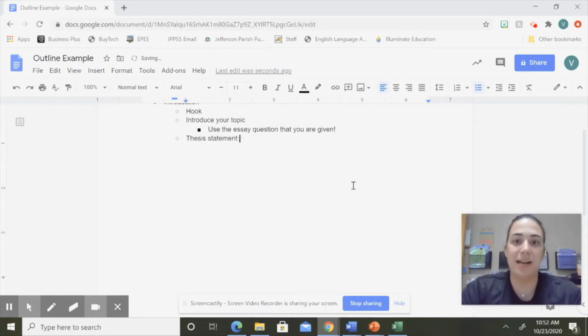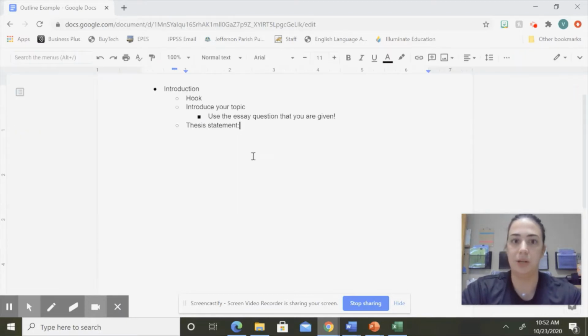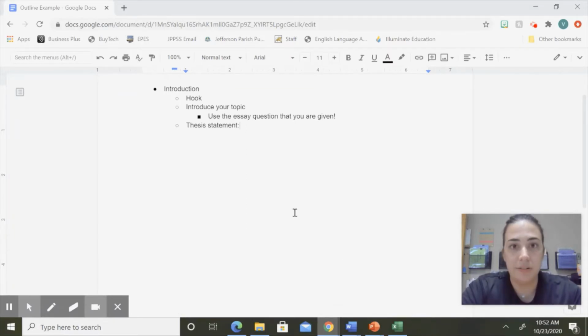For this example, my thesis statement is going to be, hold on, let me pull that up really quick so we have more room to work. My thesis statement for this argumentative example is going to be about how Waffle House is better than all the other restaurants.